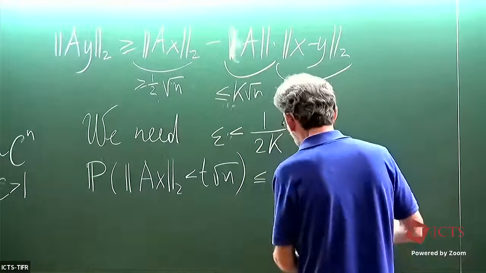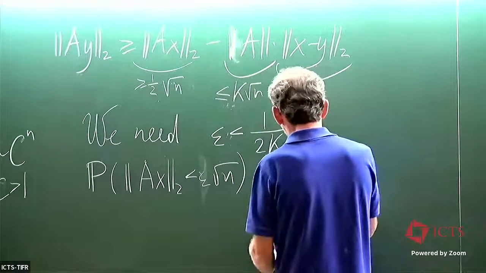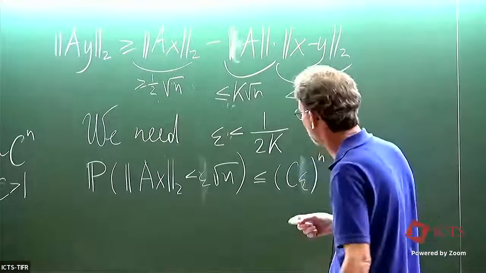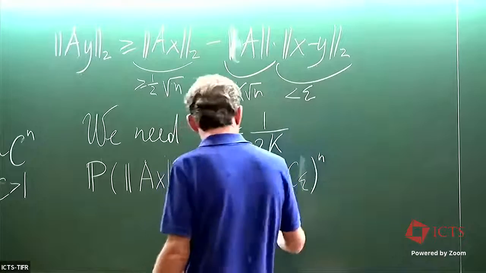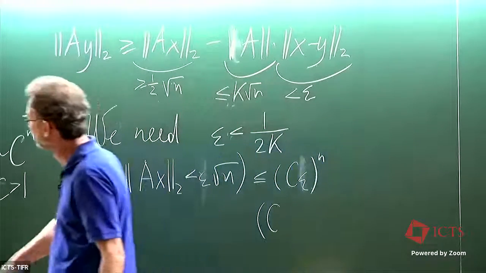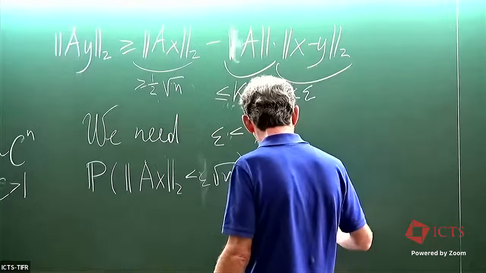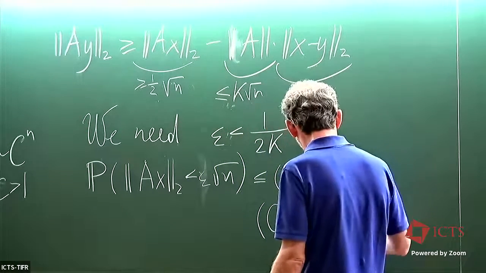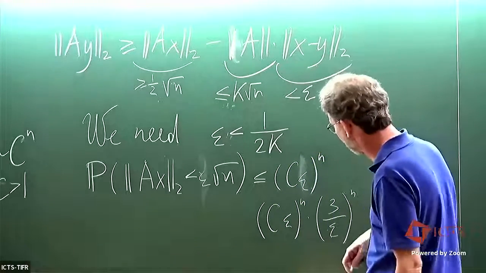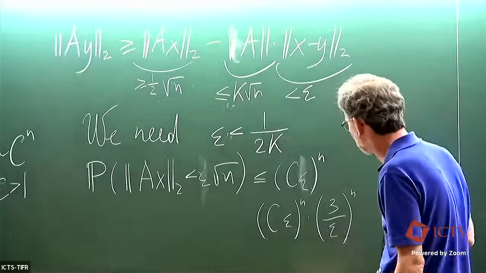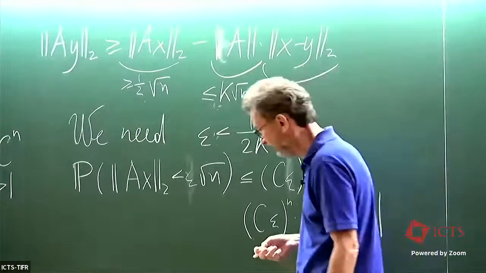Or let's say I have here C epsilon to the power n. And then I have the same product. If I take a union bound, I have C epsilon to the power n times 3/epsilon to the power n. And this still is going to be much greater than 1.